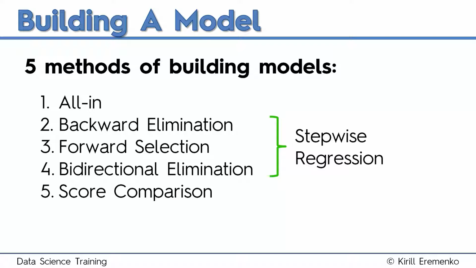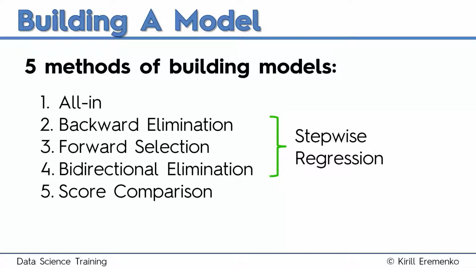So they will replace bidirectional elimination with stepwise regression, and that's fine. That's normal. As you'll see from what we discuss, bidirectional elimination is the more general approach. And when people say stepwise regression, they by default imply that it's bidirectional elimination, and you have to infer it from there.